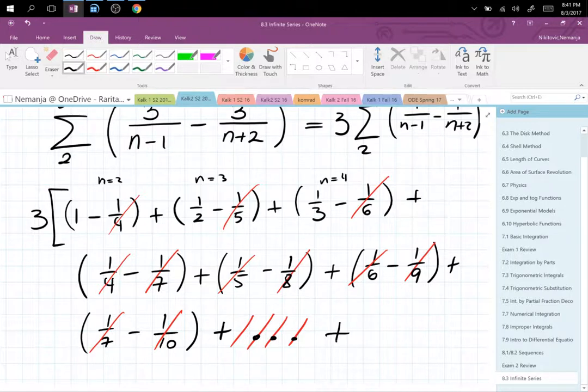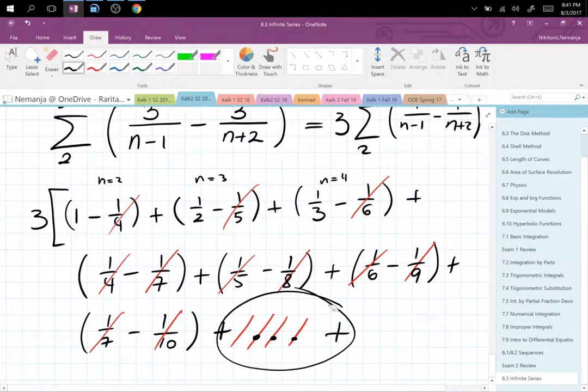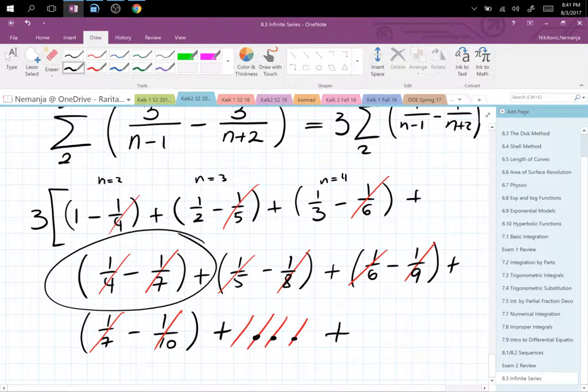That means 7 parentheses backwards to see the same cancellation in a K domain. How do you cancel out the negative 1 over 10? That will be in here. Because it's guaranteed, once you hit the first parenthesis that cancels in your pattern, every next parenthesis will cancel in the pattern.